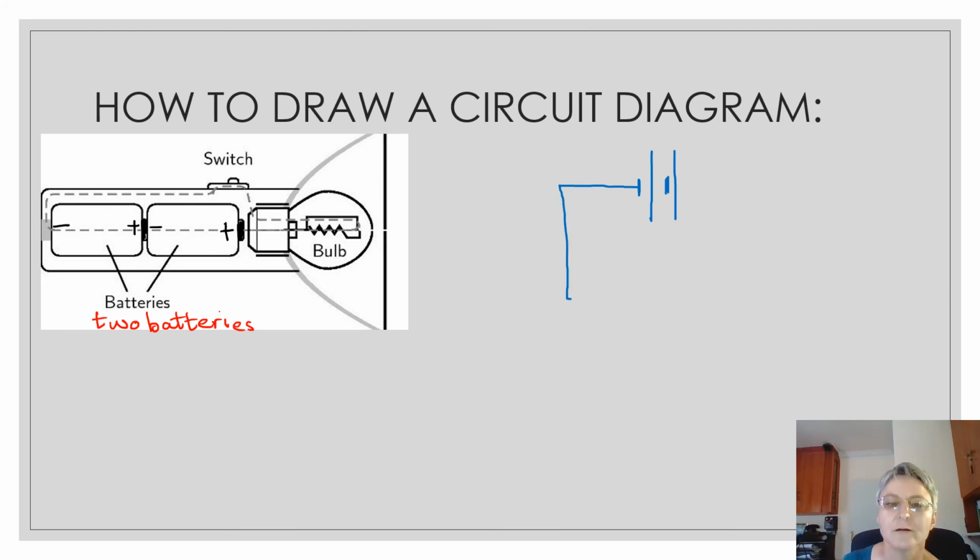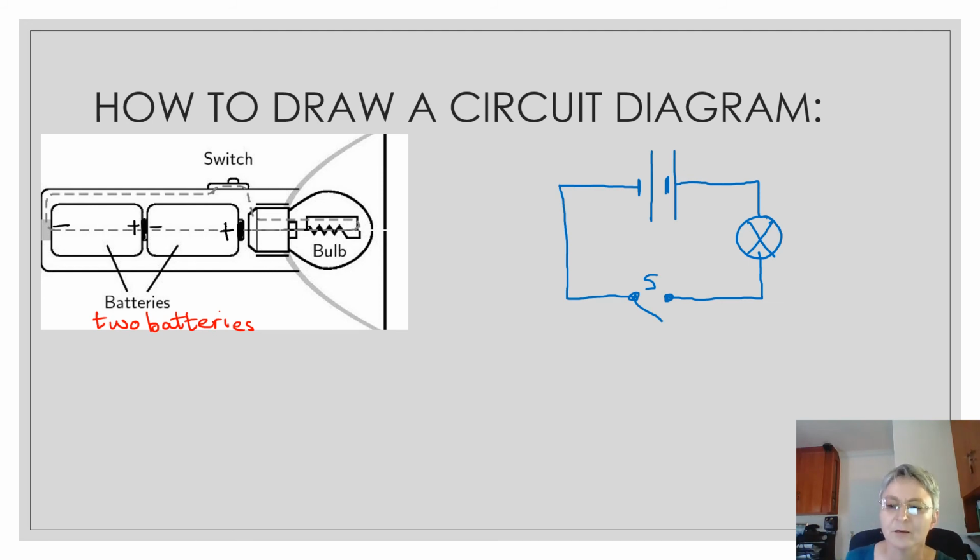So there you have a metal plate. Now, depending on whether you want the switch to be open or closed, I'll keep the switch open. So that is the switch here. Then from the switch, we have to go to the light bulb. Most people use a cross in the circle for the light bulb. So there you are. That's how you draw the circuit diagram.